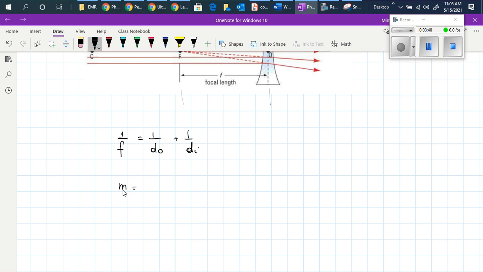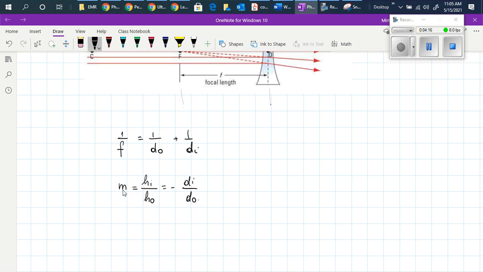And magnification is hi over ho, where h is the height, i represents the image, o represents the object, or negative di over do. They are the same as we had in the previous equation.